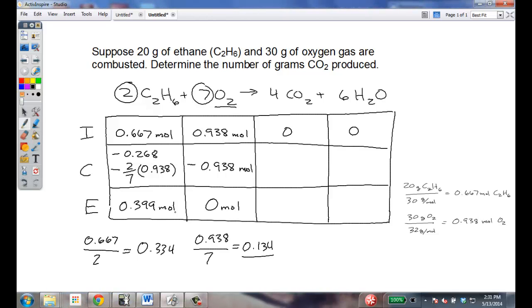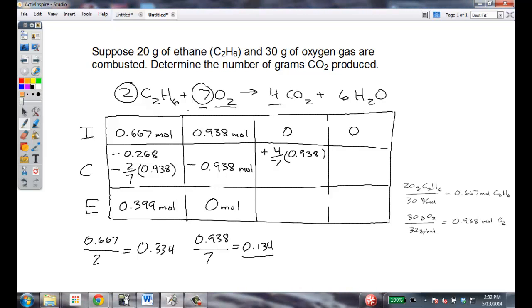And then I can also use my limiting reactant to predict how much product I'm going to make in a similar way. Now I'm going to do it just like I did for the C2H6, but since we're on the product side, we're going to add instead of subtracting. So for the CO2, I'm going to still use that 0.938, but I'm going to use a different fraction. In this case, I'm going to use 4/7, and that's just coming from the coefficient for CO2 and the coefficient for my limiting reactant.